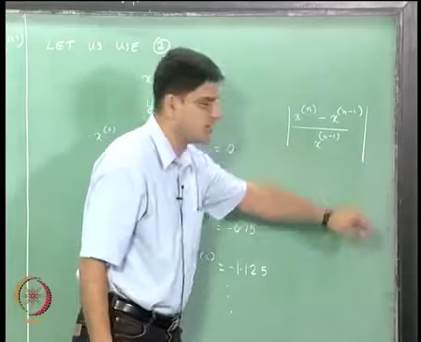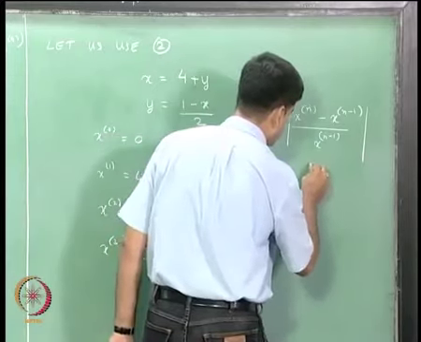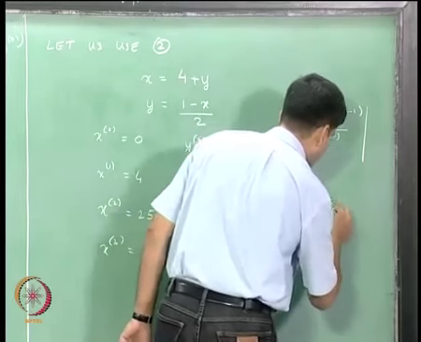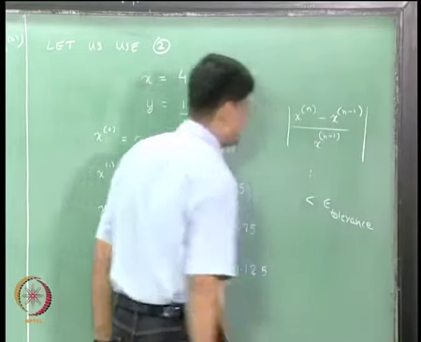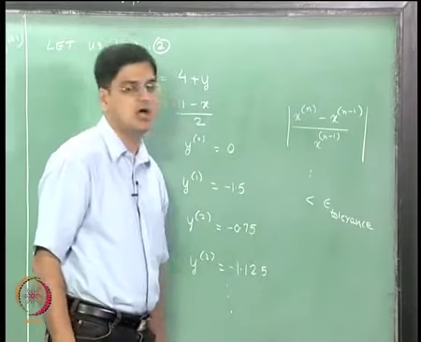This was our approximation error, and we do that for all of the variables, and if this value turns out to be less than some tolerance value that we specify, at that particular condition we say that our overall iterations have converged.